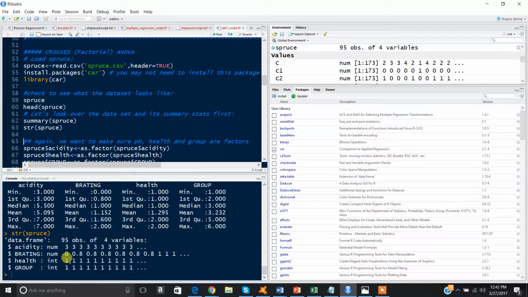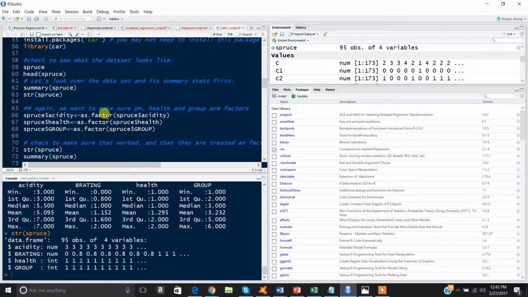And so we see that acidity and health, we both want to be factors. And right now, R is treating health as an integer and acidity as a numerical variable. So we need to change that. And also, group is being treated as an integer, which we don't want. So we're going to tell R, or coerce it, into coding these as factors.